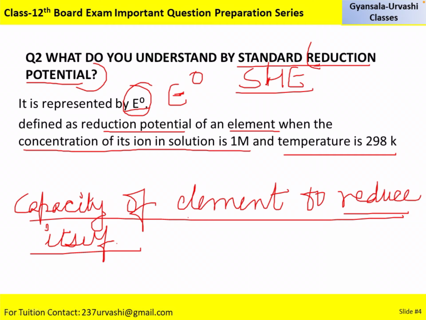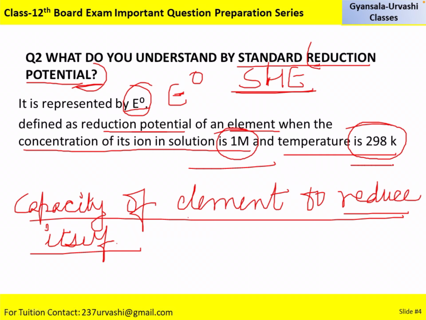One of the questions in this class you will learn is what is SHE. So I am telling you how reduction potential is calculated, with the help of SHE. And when I am calculating reduction potential, I specify that the solution concentration should be 1 molar and the temperature at which you calculate it is 298 Kelvin.